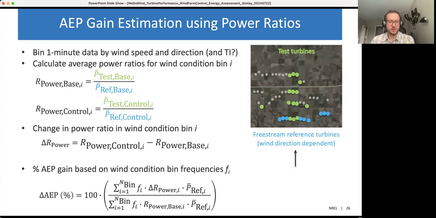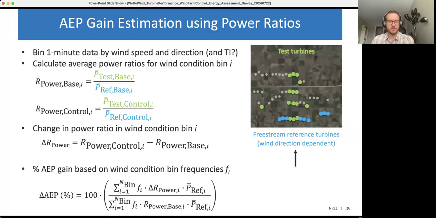In the numerator, we're summing over all of our wind condition bins, combinations of wind speed and direction, and looking at that change in the power ratio multiplied by the frequency of occurrence of that wind condition bin, which could be from a long-term wind rose from the site, or could just be derived from the experimental data we've collected. And then multiply that by the average power of our reference turbines in that wind condition bin.